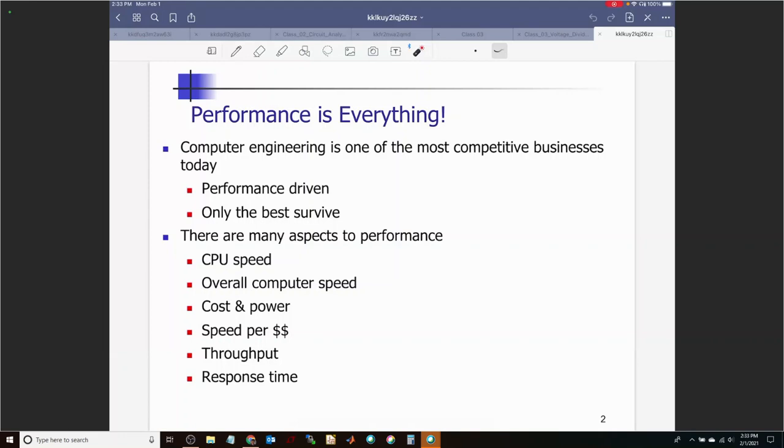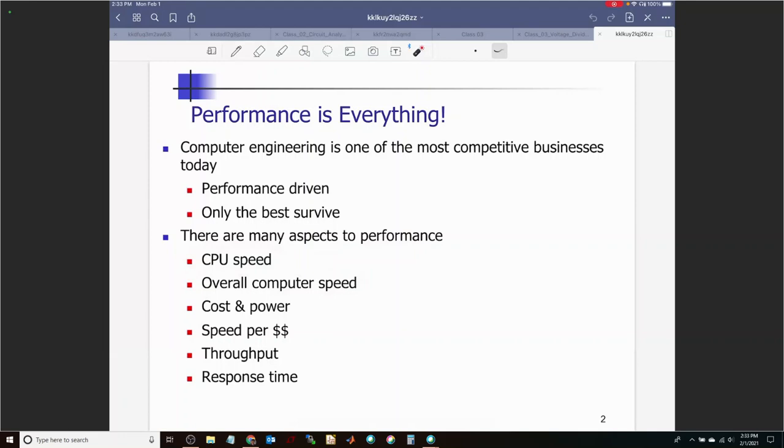Now, when you look at just the performance, you would say, all right, I need a faster CPU, right? CPU speed should be the fastest. My processor should be the fastest. Or you might say your overall computer speed. What is the difference between CPU speed and overall computer speed? Well, CPU speed just looks at the processor speed, right?